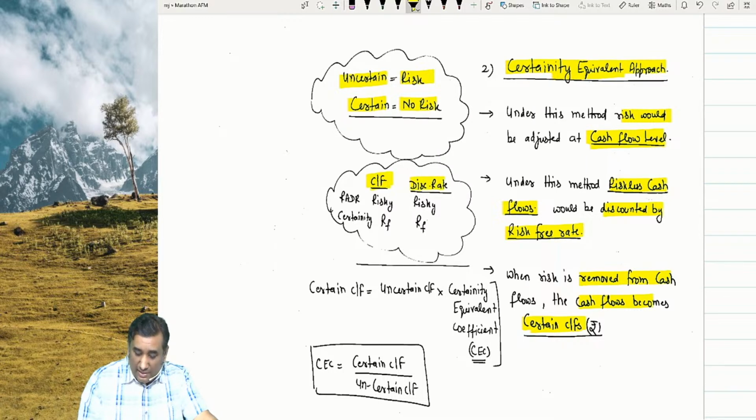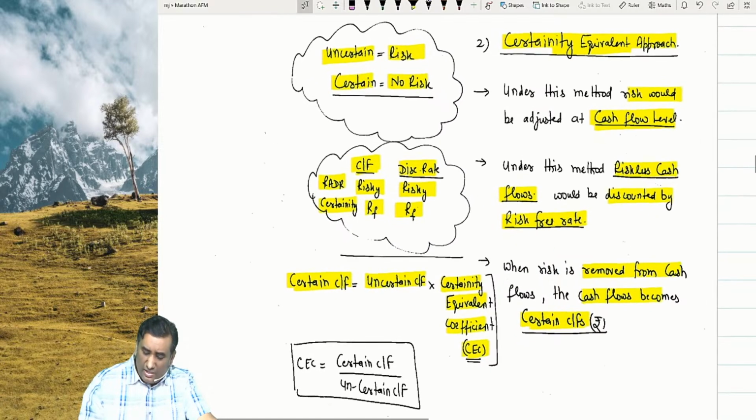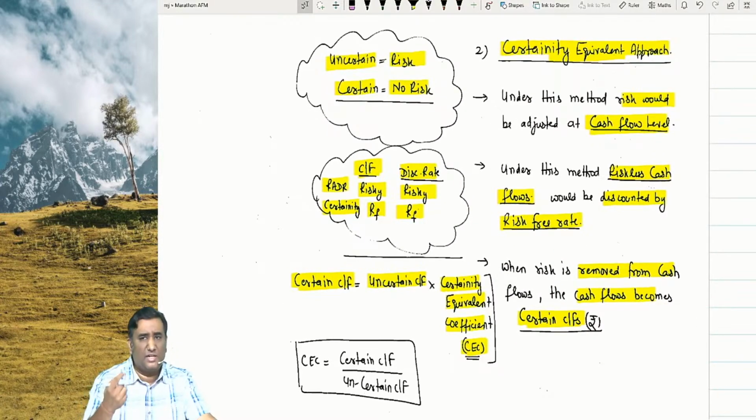Now look at this again as a summary. RADR: risky cash flow, risky rate. Certainty: risk-free cash flows, risk-free rate. Now how do I calculate certain cash flows? Certain cash flows are uncertain cash flows into the certainty equivalent coefficient. He'll give you that. You can remember that if certainty is confirmed, the coefficient would be less than 1. 1 is probable.